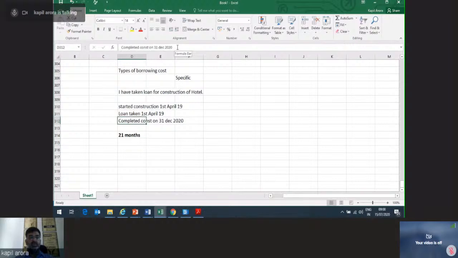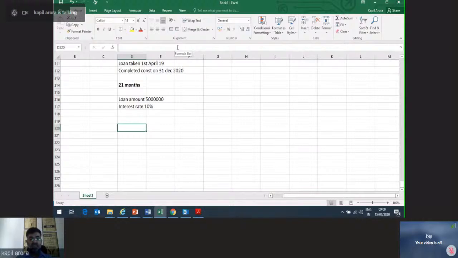Interest rate, so loan which is being taken, right? Loan amount is 50 lakhs and interest rate is 10%. Now what would be the interest which will get capitalized?